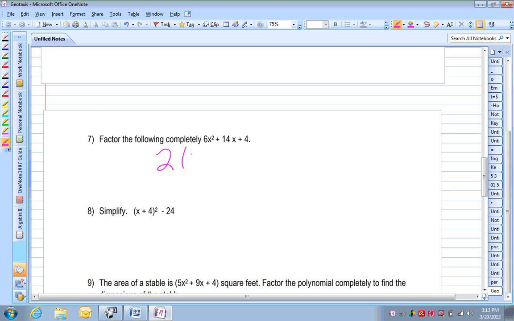Then we bring what's left, and it's 3x squared plus 7x plus 2, and we divided it from what's there. So then we take what we have left, and we can't do DOPS because there's not a difference, or we can't do setting up shop because there's a 3 in front of the x squared, so we have to do reverse box method.